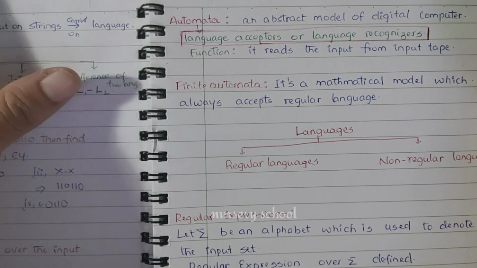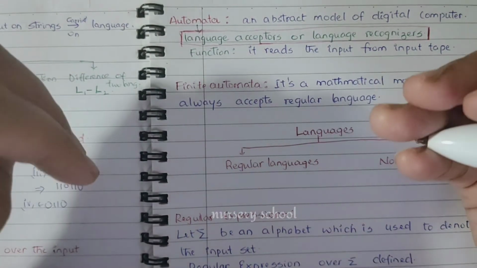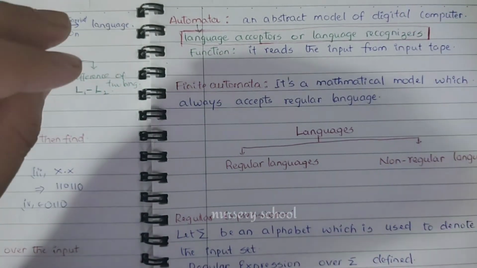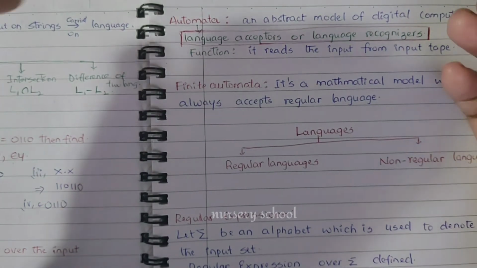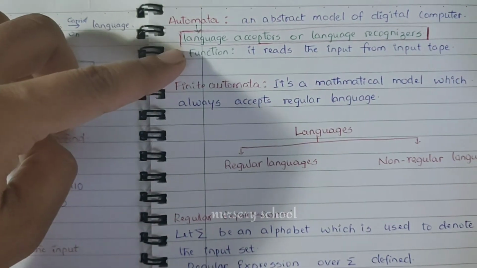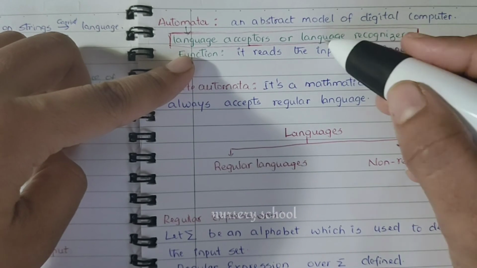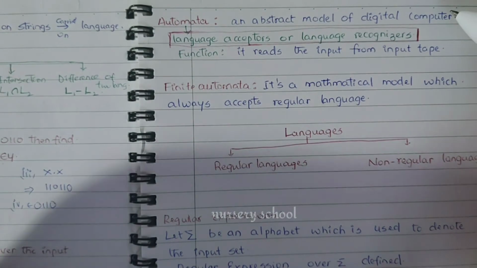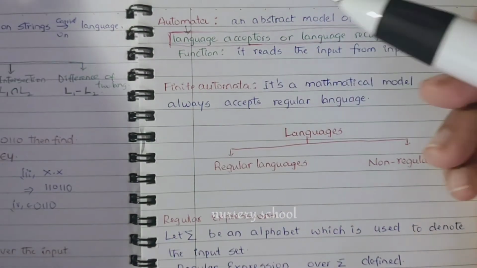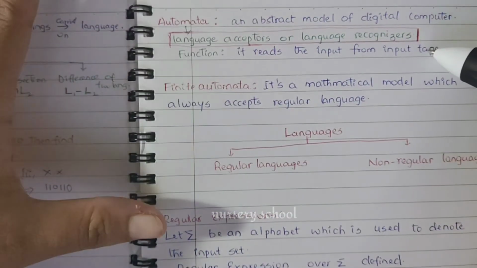What you are sending as input is a language that you want to read. This automata you can also call a language acceptor or language recognizer, an abstract model of a digital computer. Its function is to read the input from the input tape.